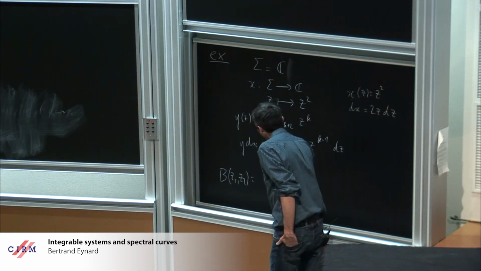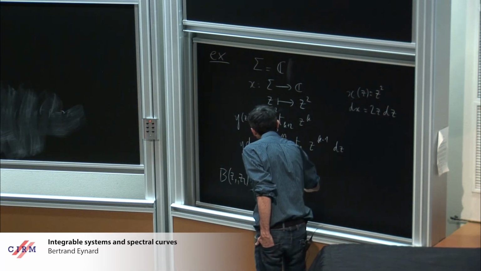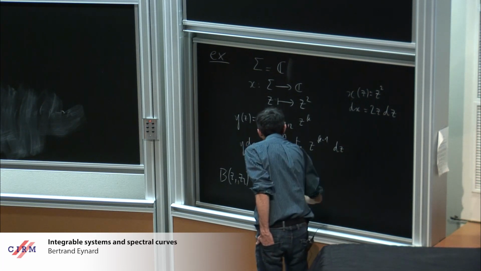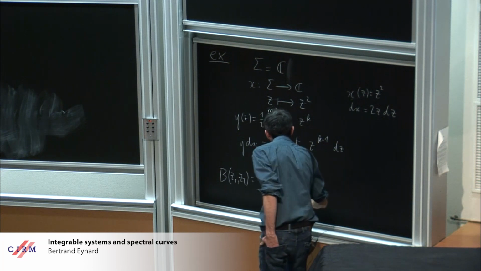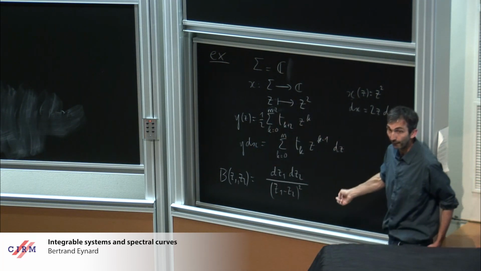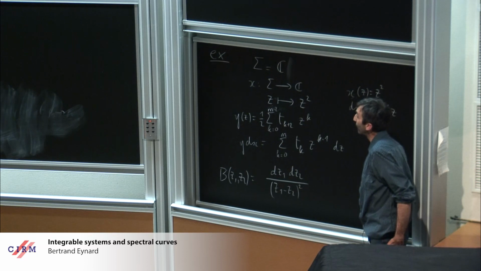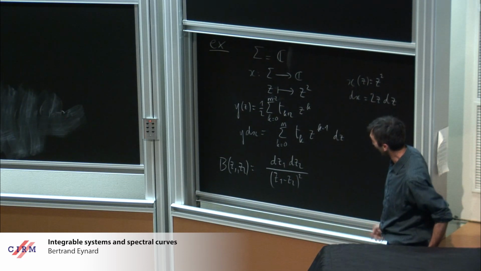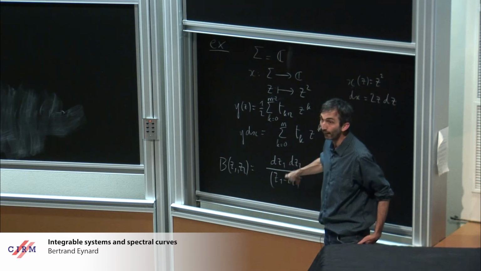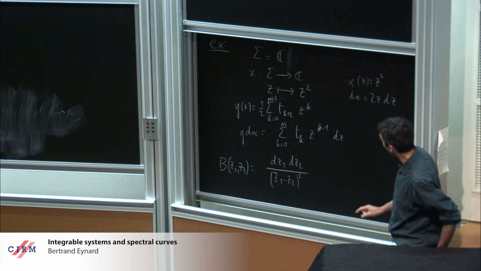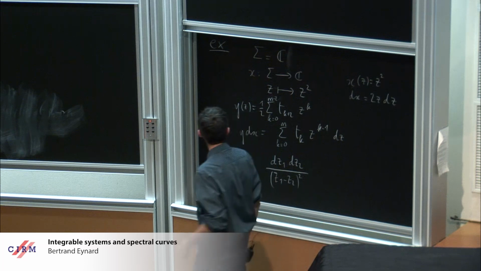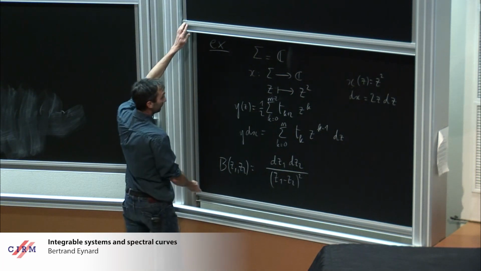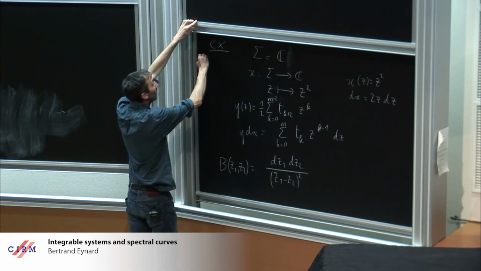It's the B of the Riemann sphere, so it's just dz1 dz2 over (z1 minus z2) squared. So it's defined on the Riemann sphere. It's the unique form that has a double pole on the diagonal on the Riemann sphere. You can check easily that it's invariant under Möbius transformations of the sphere, under automorphisms of the sphere. Okay, so this will be related to KdV.